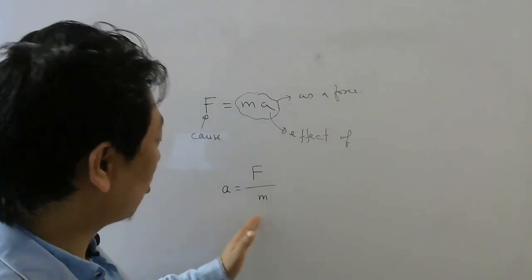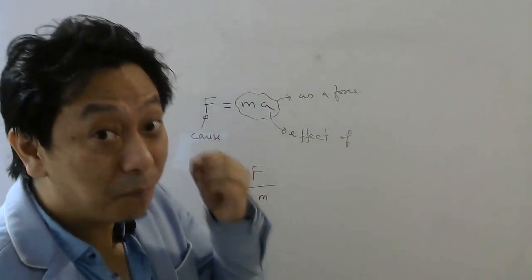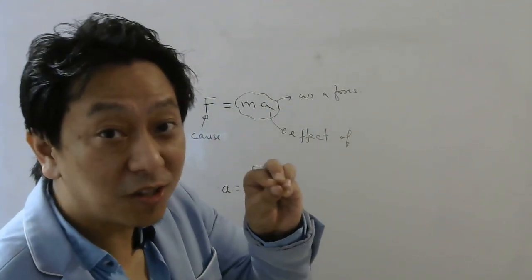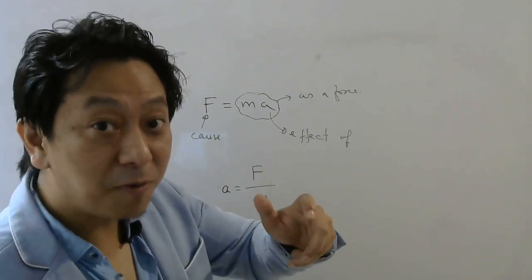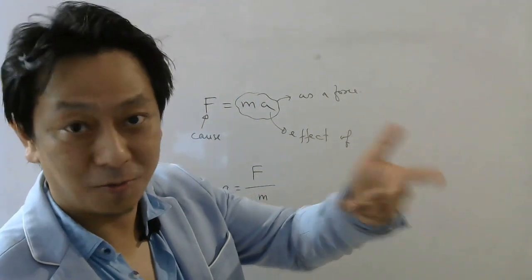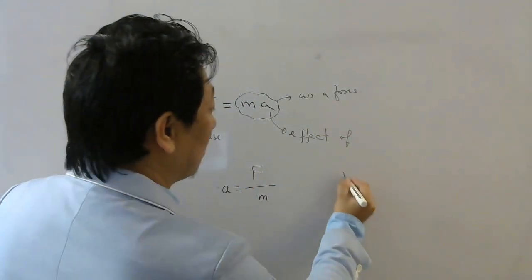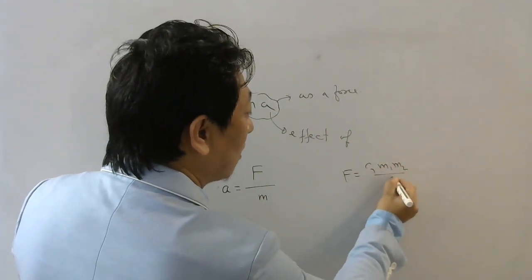Now I know if you cross multiply, you get the same thing. So I don't mind if you use this way, but you should not think of ma as one of the forces acting on the body. The force acting on the body has to be found from another source. For example, if the force is due to gravity, then the force is given by the formula G m1 m2 by r square.